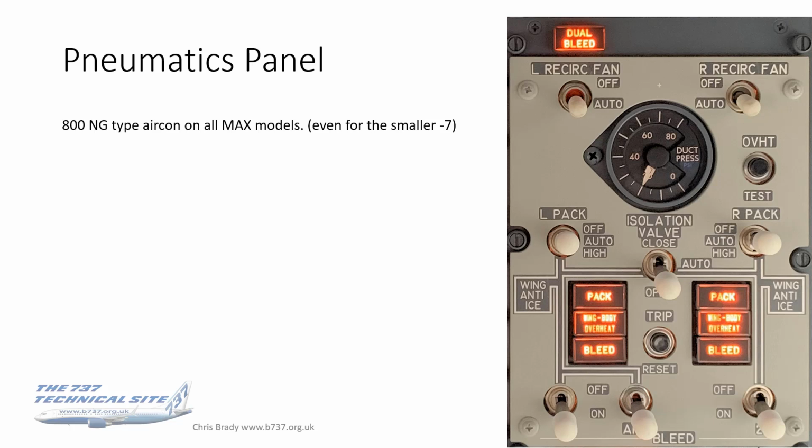It's the same for all. I guess Boeing were assuming that there weren't going to be as many short body aircraft, i.e. the MAX 7s, and thought, well, for commonality, cost savings, let's just have the one system for all. So it's probably overkill on the MAX 7, but it's saved by cost savings for commonality.